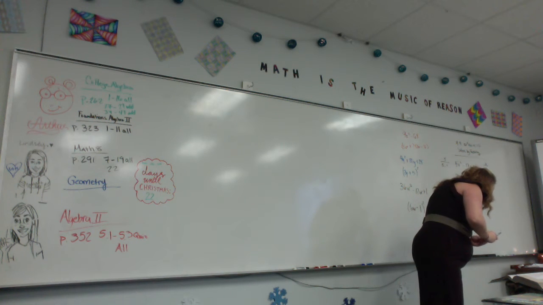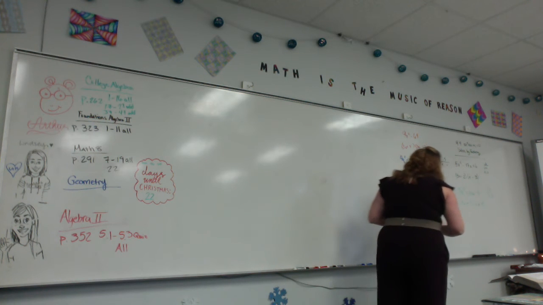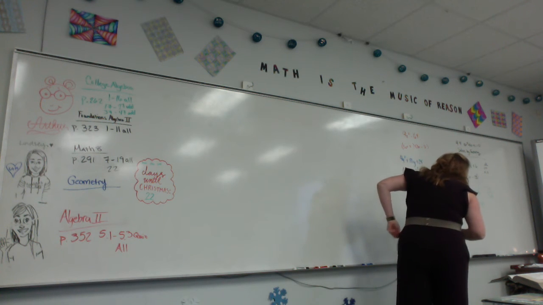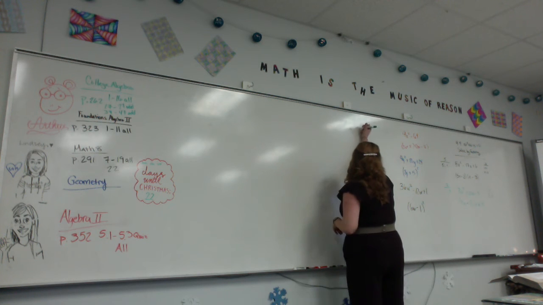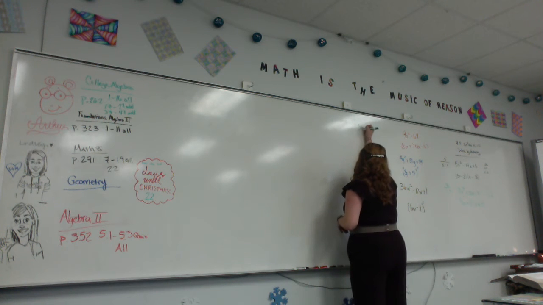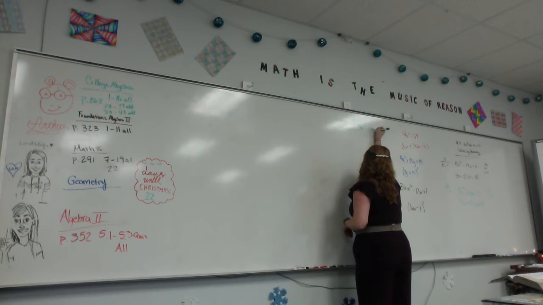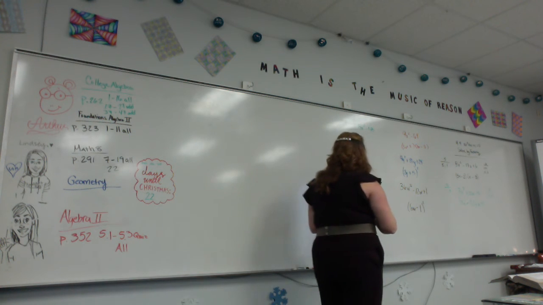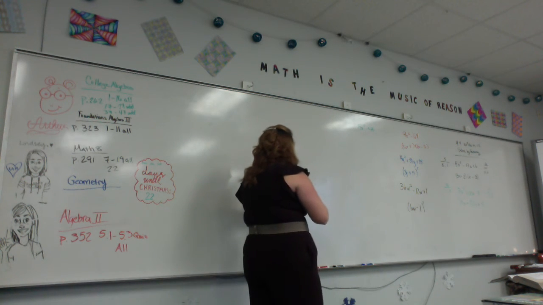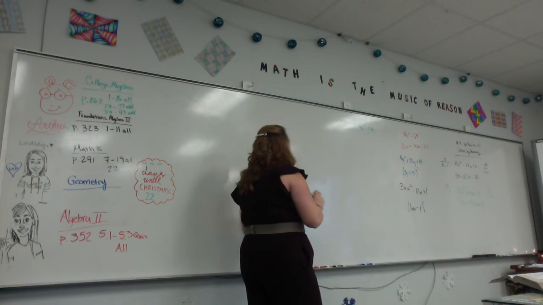Okay, what happens if I have 5x squared minus 45? What do I do with that? Don't you have to list the factors?